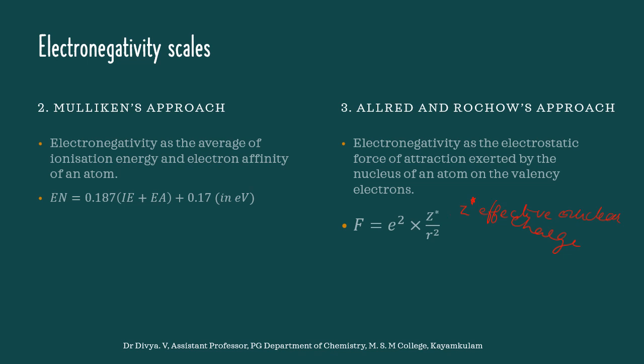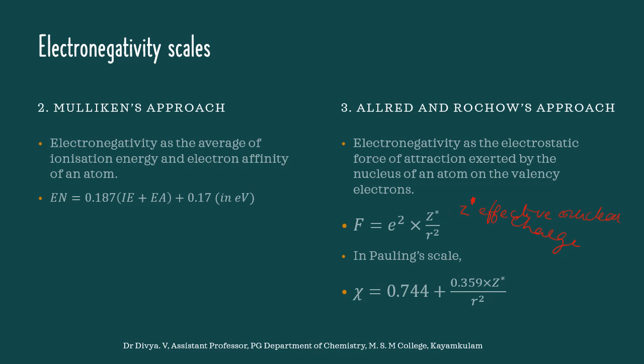Okay, terms clear ആയല്ലോ. F എന്ന് പറയുന്ന electrostatic force of attraction is equal to E square. E represents the charge of an electron into Z star. Z star is the effective nuclear charge divided by R square. Okay, R is the covalent radius. So if these force values are converted into electronegativity values on the Pauling scale, by this equation, that is chi is equal to 0.744 plus 0.359 into Z star divided by R square.